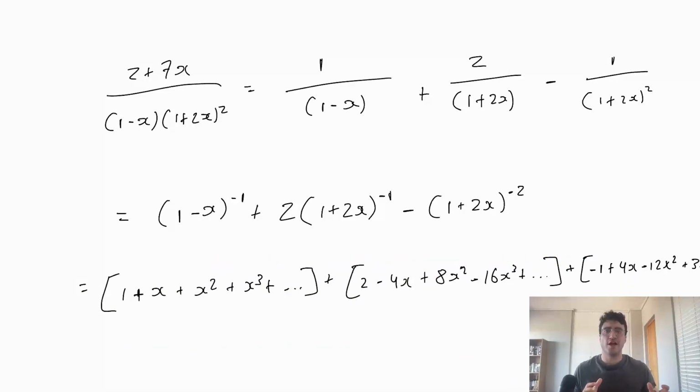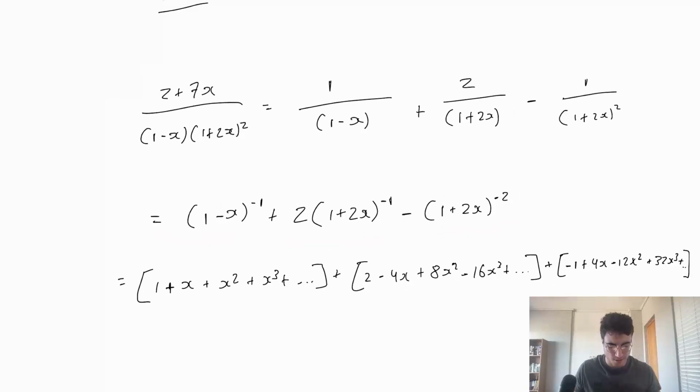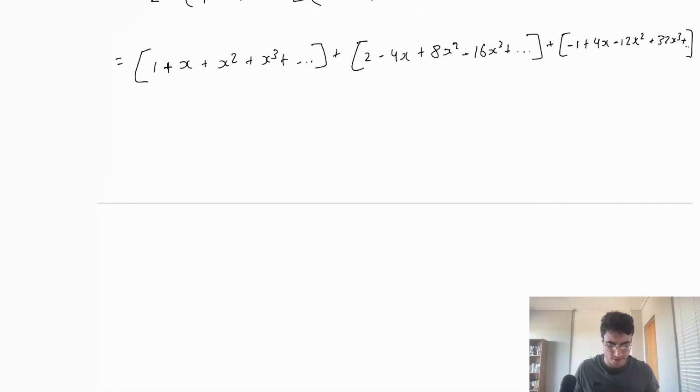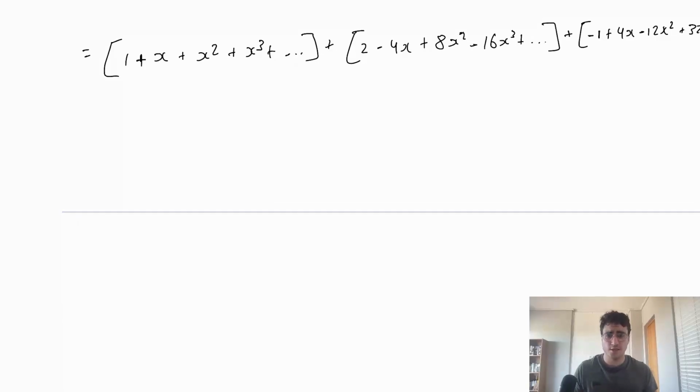Alright, guys, so as you can see, what we have here is the expansions for all three of these terms. And the key thing here is, again, remember what the question wanted. They wanted it up to and including the term x cubed. So now we've got to combine these together. Up to x cubed, what are we going to say? Well, the constants, we got 1, we got plus 2, and we got minus 1. So that means we're going to have 2. For the x term, we have 1x, we have minus 4x, we have plus 4x.